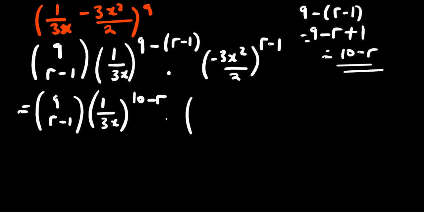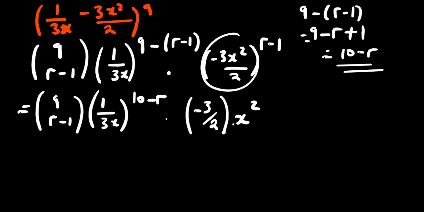So I can write it as negative 3 over 2 alone, then I can also write now the x squared. It's like they were multiplying x squared alone. Hope you've seen what I've done. It's the same thing. When I multiply back, it's going to give me this expression.